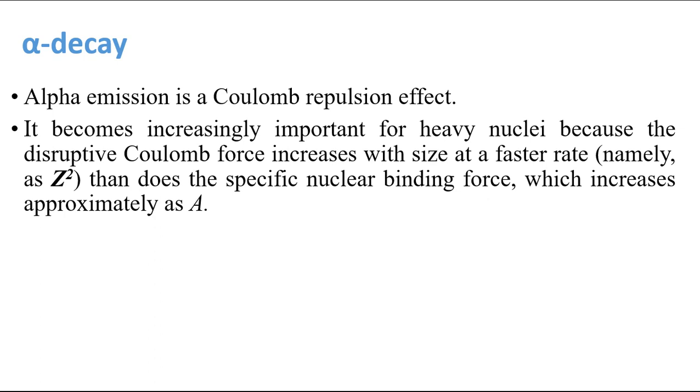So it becomes increasingly important for heavy nuclei because the disruptive Coulomb force increases with size. If you have a bigger nucleus, we have a greater number of protons, more charge, and more repulsive Coulomb force, and it's more likely that we will end up with alpha decay.